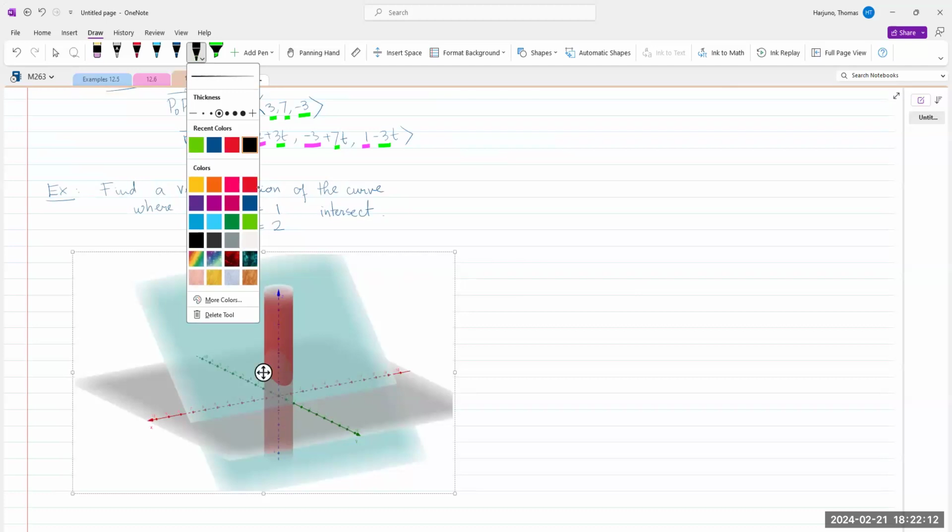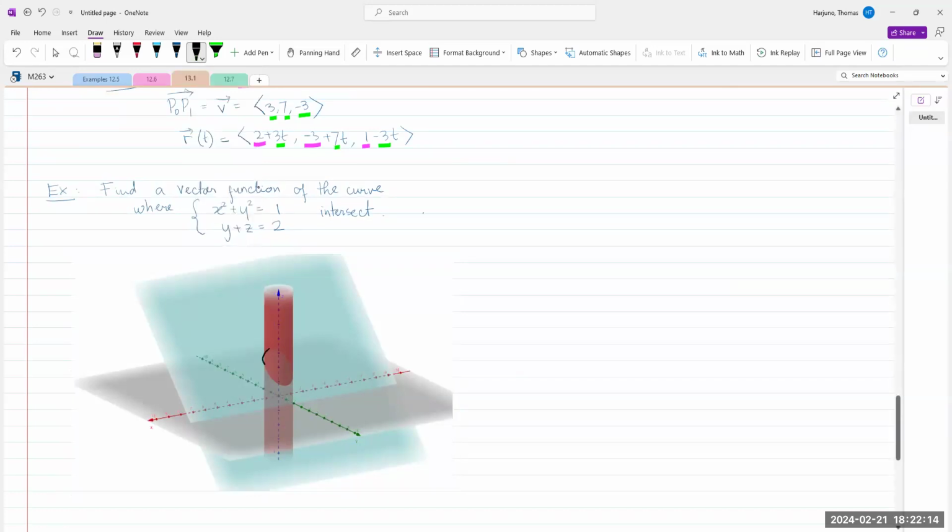Maybe it's actually this part here. That's the one we are looking for. Okay, how do we write that path? That's a space curve. It's a curve in 3 dimensions using our vector function.